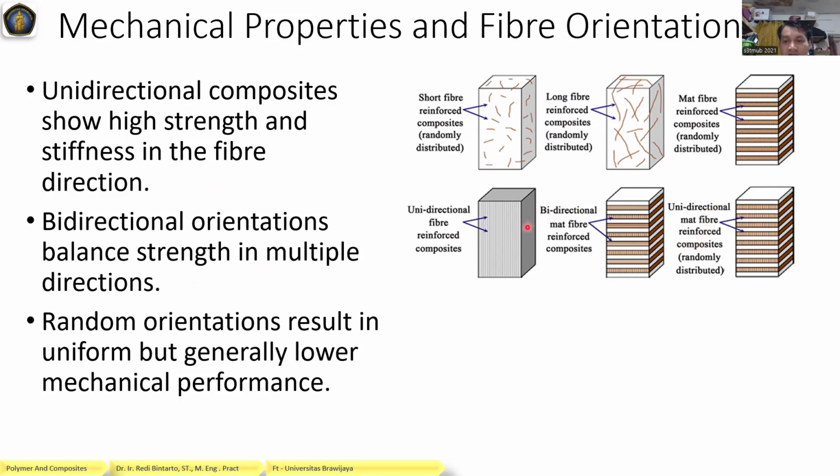For bidirectional, they are stronger in multi-orientation of tensile strength. Random orientation results in uniform but generally lower mechanical performance. But the orientation is uniform in every direction of the force.